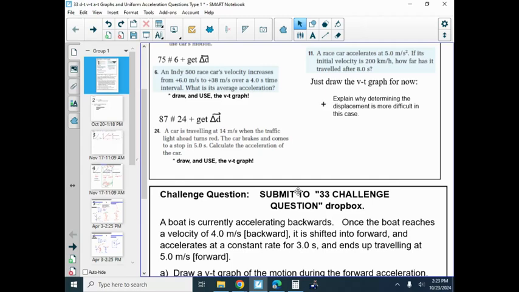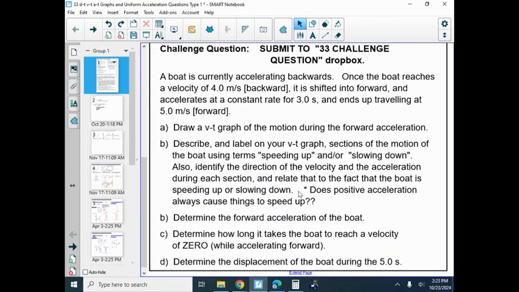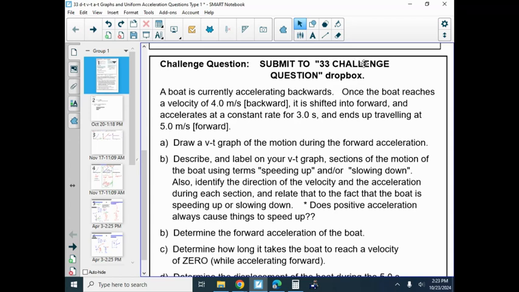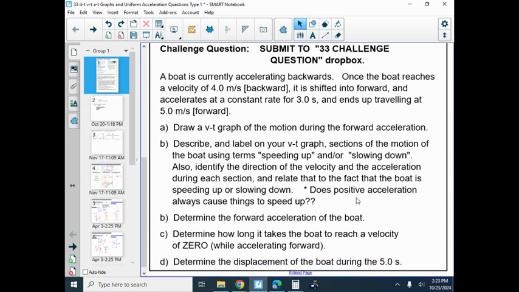And then I have one that's not going to be submitted necessarily right away, but I'm going to make a challenge question Dropbox. This situation is going to stretch your limits a little bit in terms of thinking about directions and whatnot. So we have a boat that's accelerating backwards. Once the boat reaches a velocity of 4 meters per second backwards, it's shifted into forward and starts pushing forward.